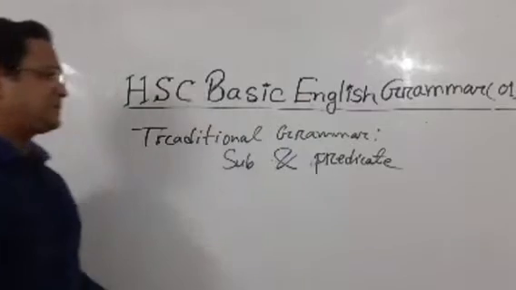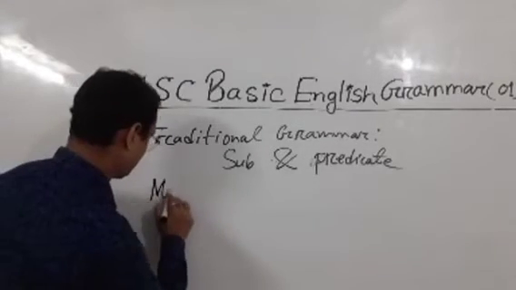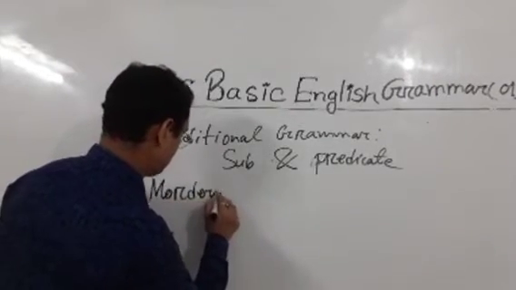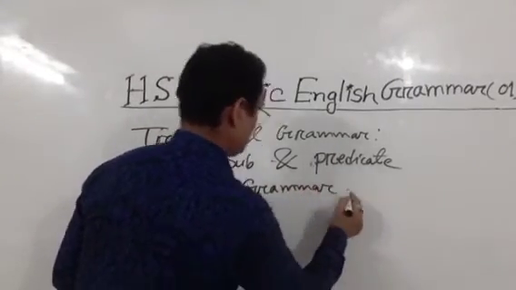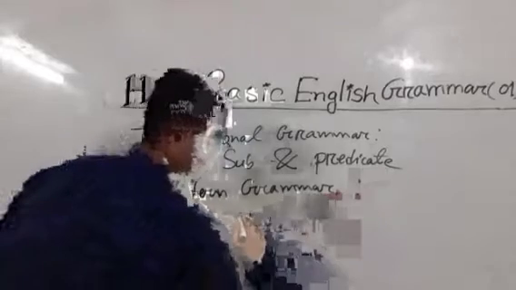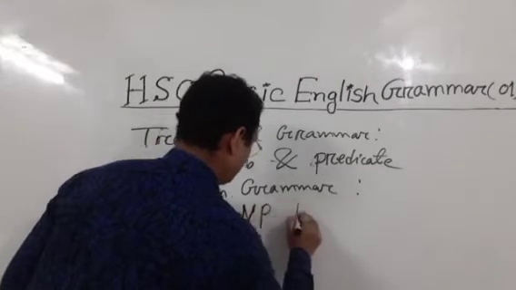There are two parts, subject and predicate, you know, but in modern grammar they call them NP and VP.